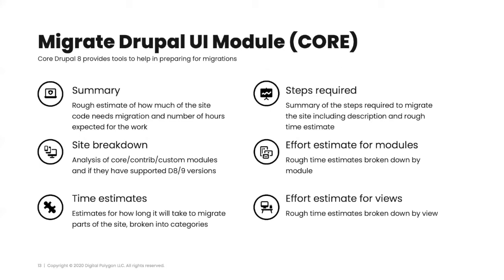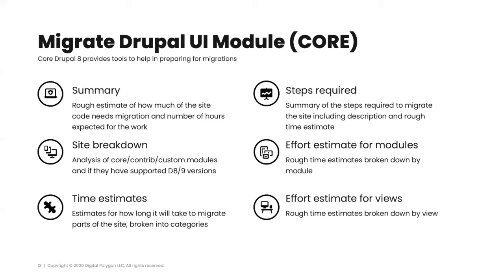Jumping into the Migrate module a bit deeper, there's a Drupal UI for Migrate inside of core. This is a tool that you can use for planning your upgrade. If you install a fresh version of Drupal 8 and you hook it up to your Drupal 7 database with this tool, it will run a scan and tell you which contrib modules have a Drupal 8 version and which don't.